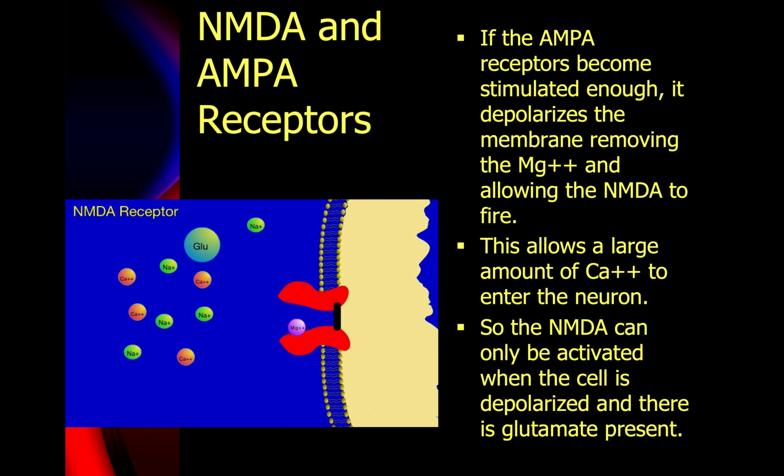If the AMPA receptors become stimulated enough, it depolarizes the membrane, removing the magnesium and allowing the NMDA to fire. This allows a large amount of calcium to enter the neuron, so the NMDA can only be activated when the cell is depolarized and there is glutamate present.